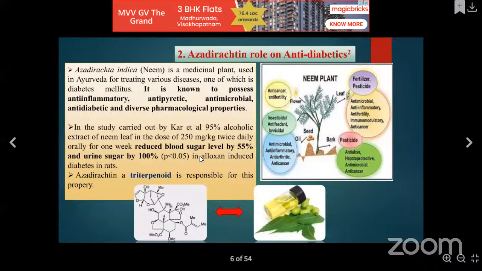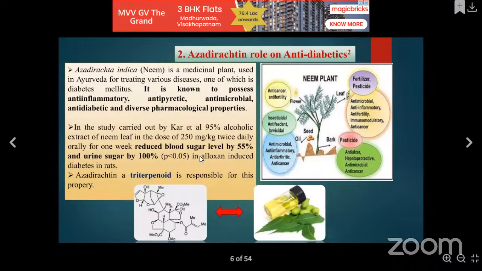One research study says that alcoholic extract, alcohol meaning ethyl alcohol, methyl alcohol, different types of alcohols, of these neem leaves is a cure for diabetes. They used 200 mg per kg, so 200 mg daily, twice, was given to the sugar patients.